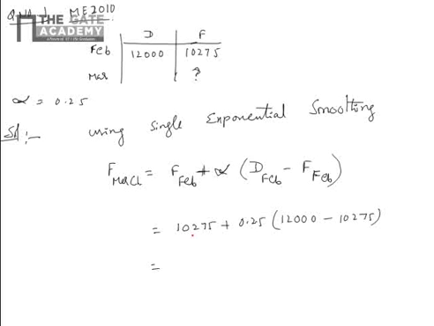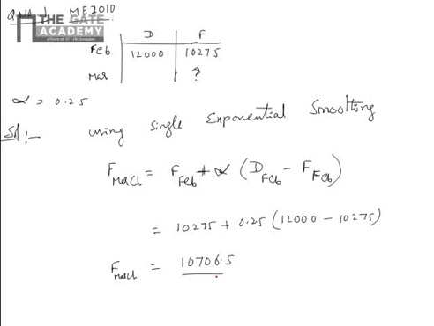So you will get that one. Now the forecast minus demand is negative. So if you simplify this, forecast for March equals 10706.5.